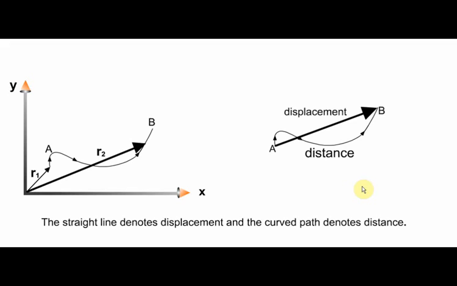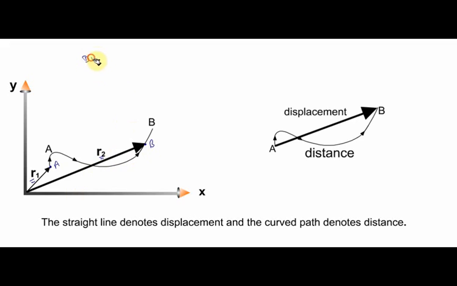So let's go through this animation first, then we'll explain what is displacement and distance. So suppose there is a particle which is initially at point A, and after some time it moves to point B. The position vector of point A is r1 and the position vector of point B is r2.